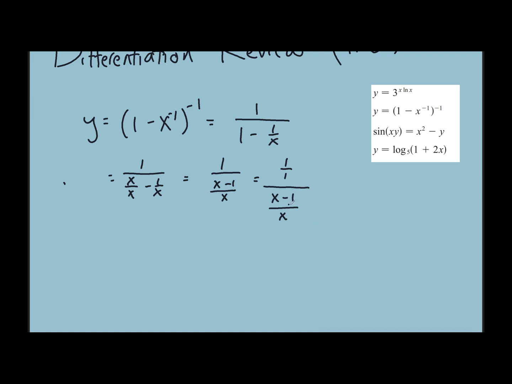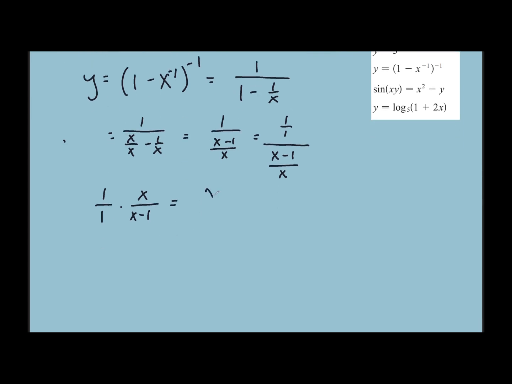That's the same as multiplying by the reciprocal. So we can say it's 1 over 1 times x over x minus 1, which of course means y just equals x over x minus 1.